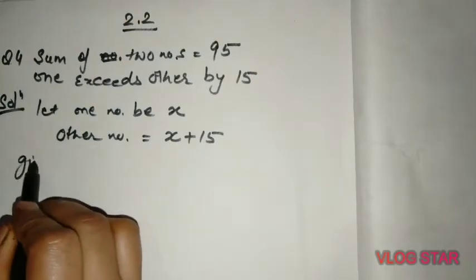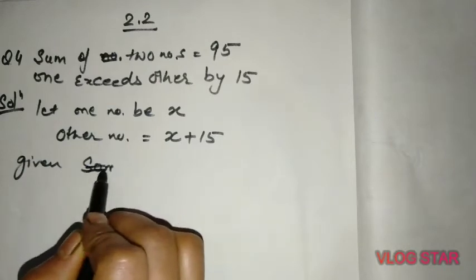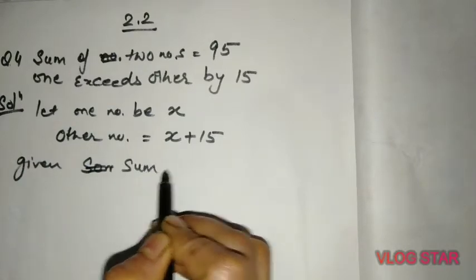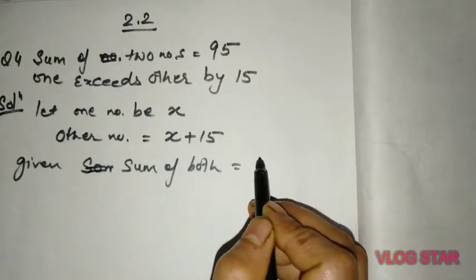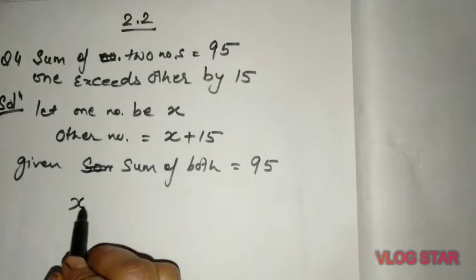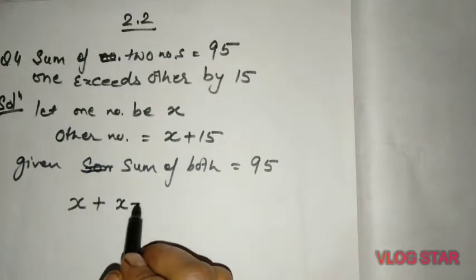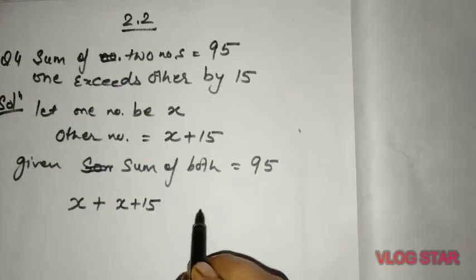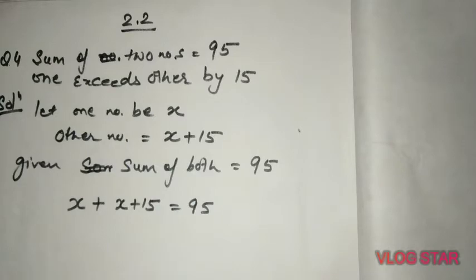Now given is that the sum of both is equal to 95. So we add both the numbers, x the first number plus the second number x plus 15, equal to 95.